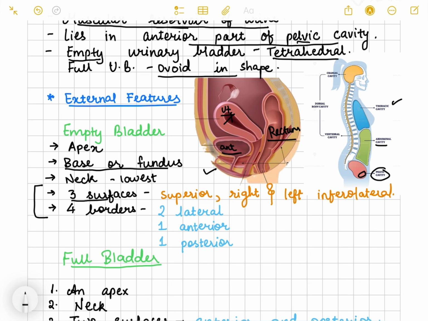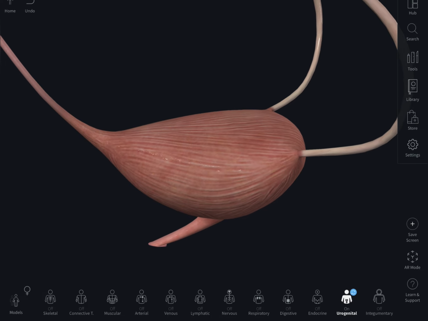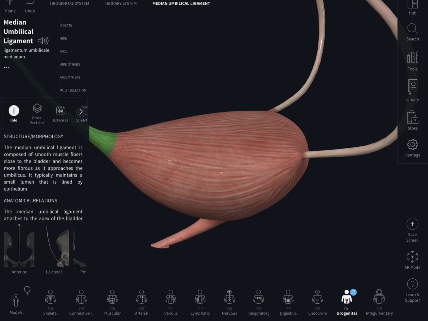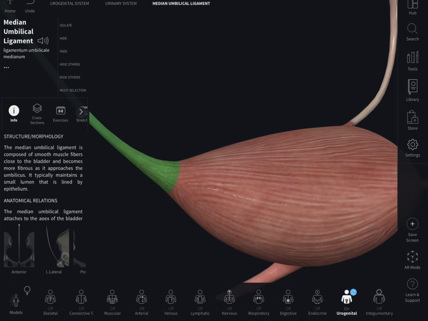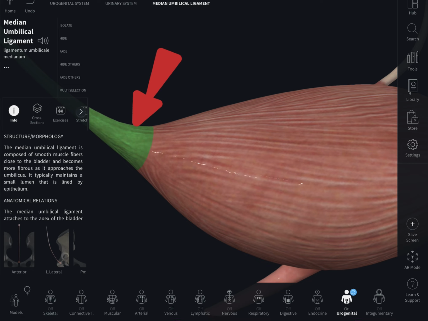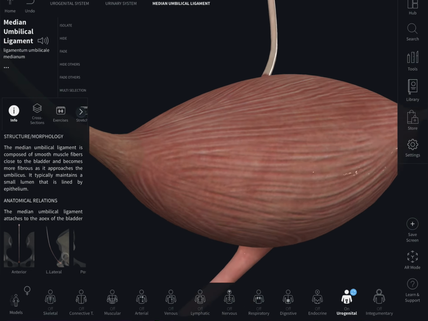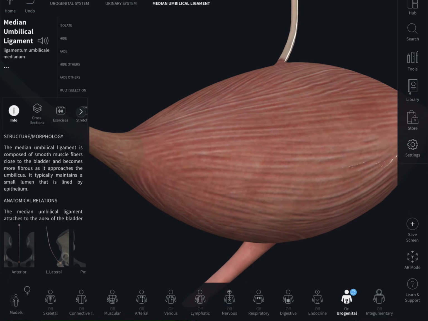Next we will see the apex, base and neck. This part which you can see is called the apex of the urinary bladder. Not completely, this is the ligament which we will study later. So this anterior pointed part is called the apex of the urinary bladder.